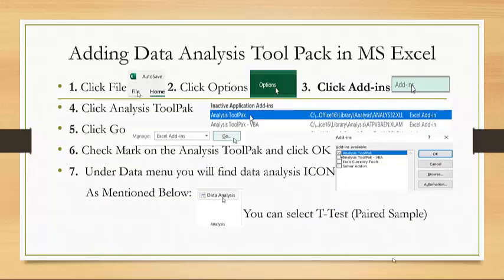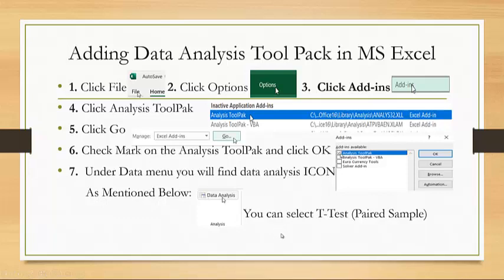As you can see over here, the first step is to click on File in your Excel menu, then click Options, then click Add-ins, and then click Analysis ToolPak. After selecting Analysis ToolPak, you will have to click the Go button, then select the Analysis ToolPak check mark, click OK, and then under the Data menu, you will find the Data Analysis icon as it is mentioned below.